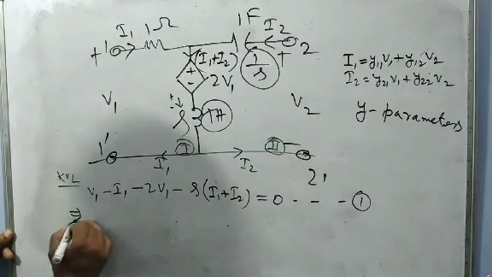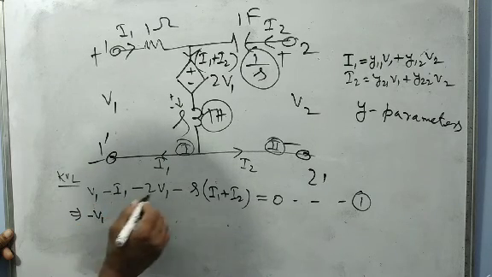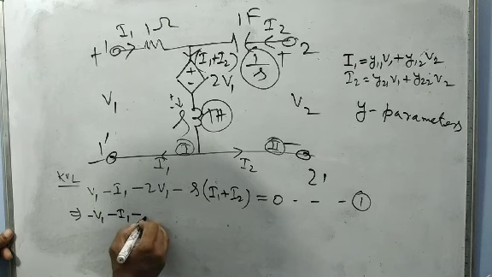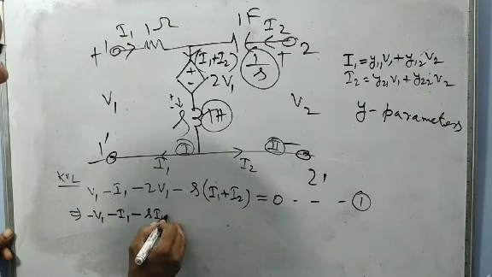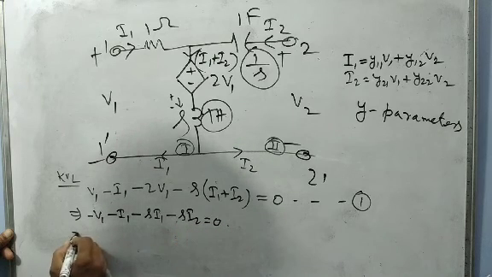So let us solve it. V1 minus 2V1, so this becomes minus V1 minus I1 minus S I1 minus S I2 equals 0.